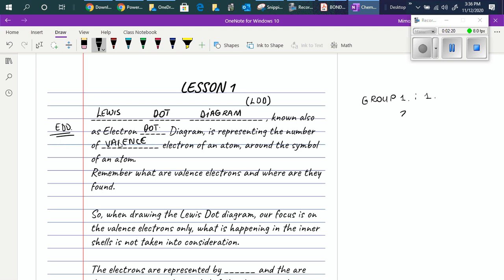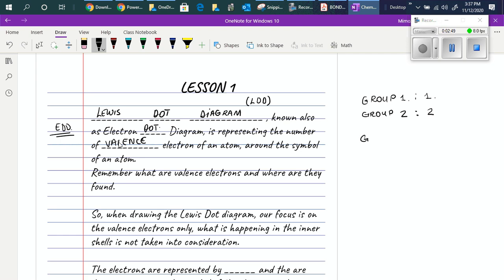And when we see the group 2, which are elements like beryllium, magnesium, calcium, strontium, barium, and so on, the valence electron is 2, and so on. So then you skip all those transition metals on the periodic table, and then you start on group 18.